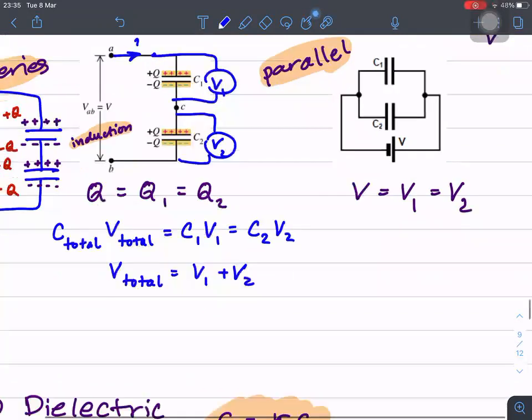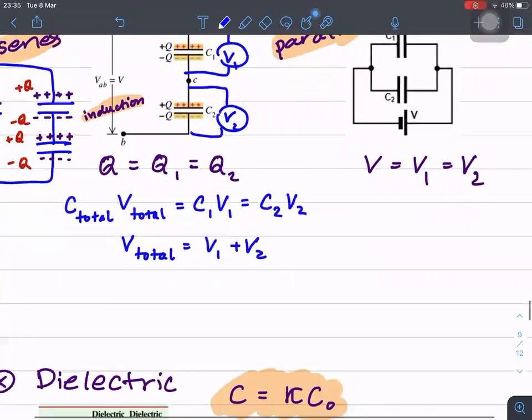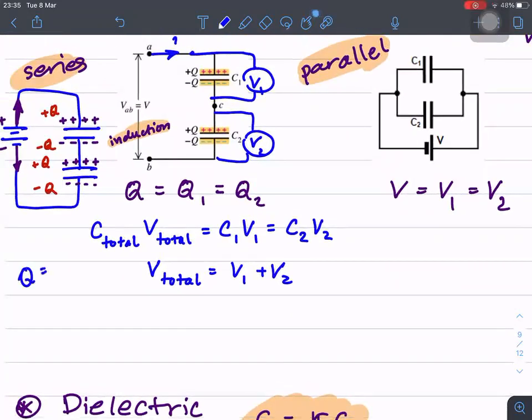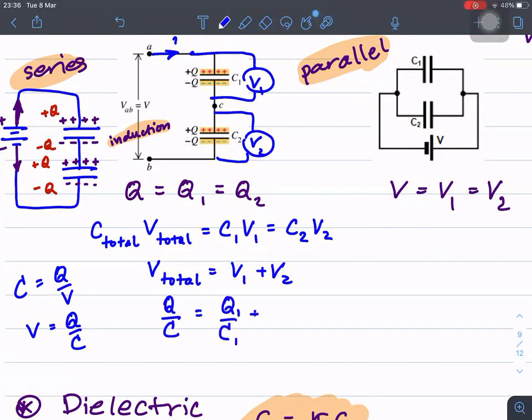And then if I use the definition again, sorry, the definition is C equals Q over V. Yeah, sorry about that. So V would be equal to Q over C, right? So Q over C here would be equal to Q1 over C1 plus Q2 over C2.